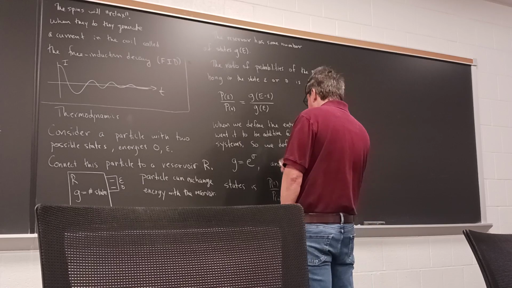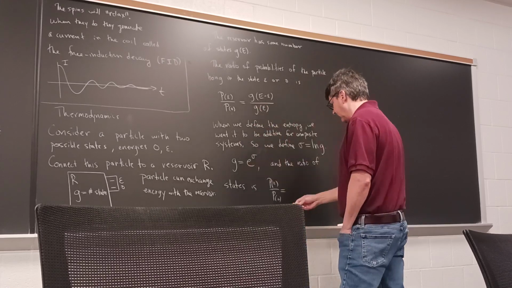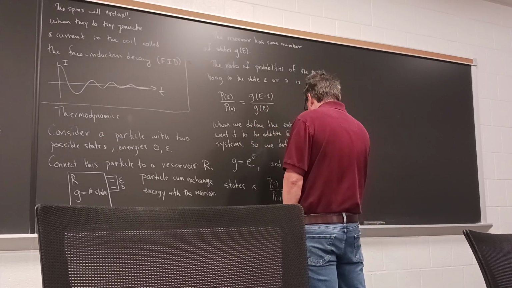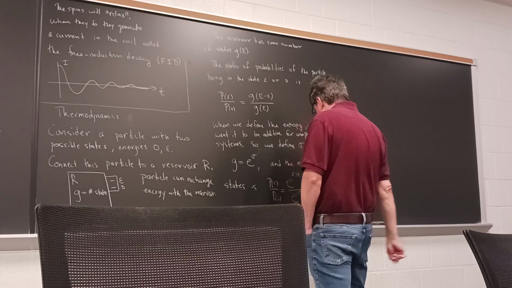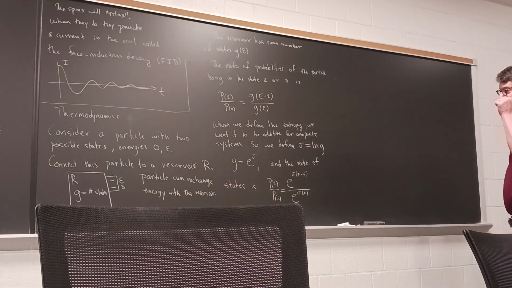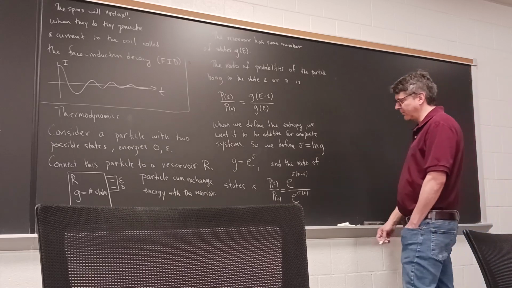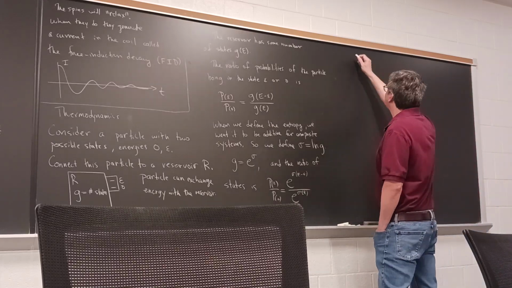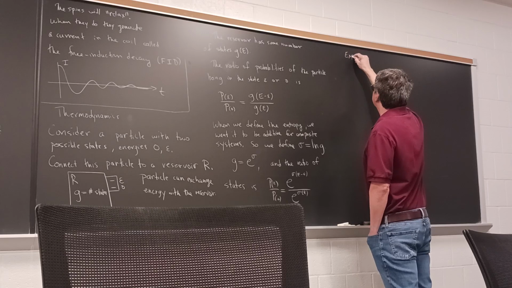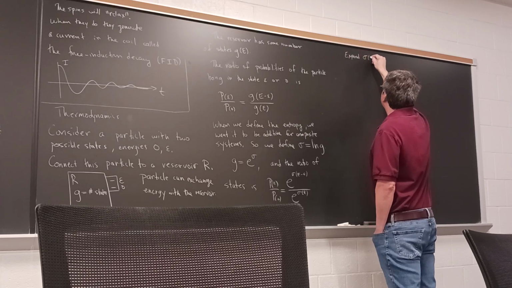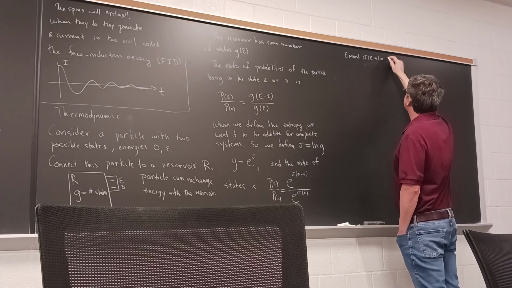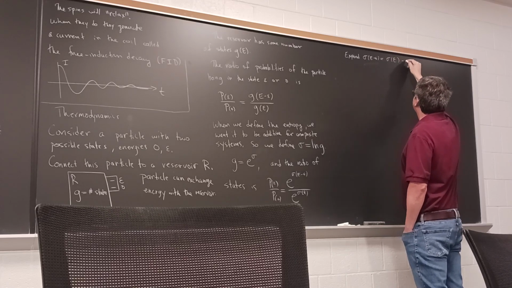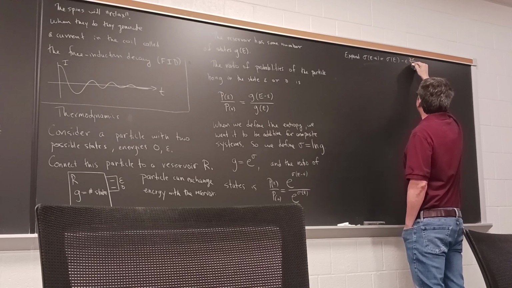That has to equal e to the sigma of E minus epsilon over e to the sigma of E. If epsilon is small, which we assume it is, the reservoir is always bigger than our little subsystem, so we can expand sigma of E minus epsilon as a first order Taylor series: sigma of E minus epsilon d sigma dE.